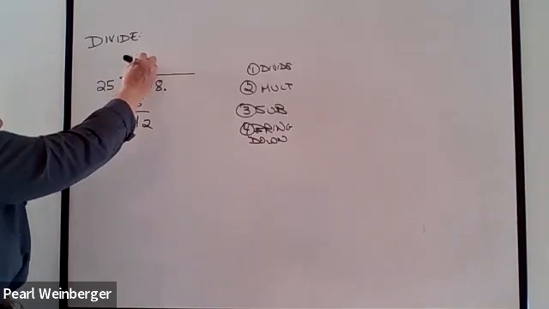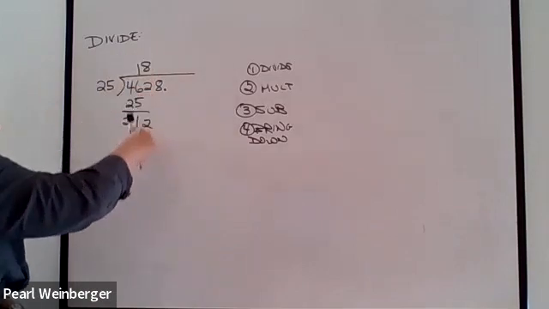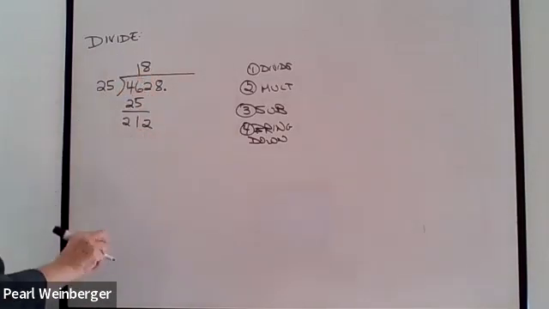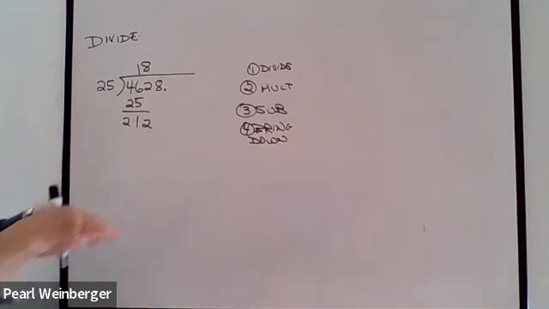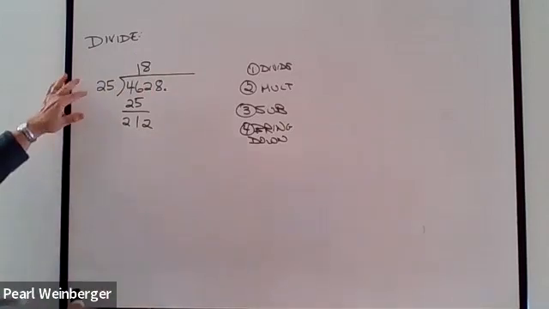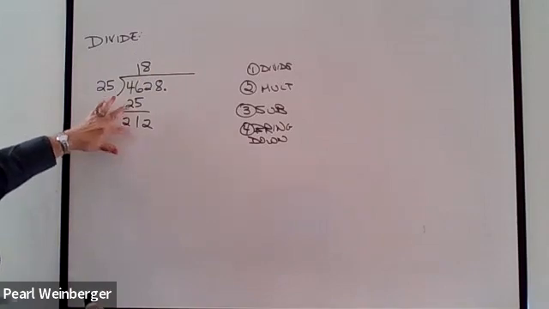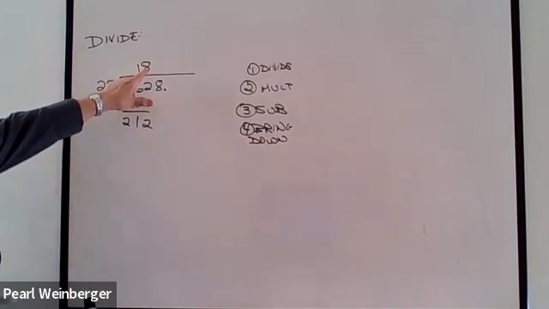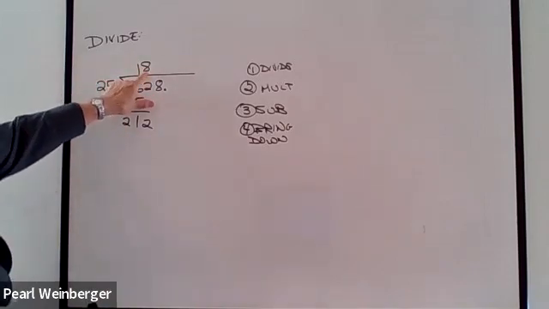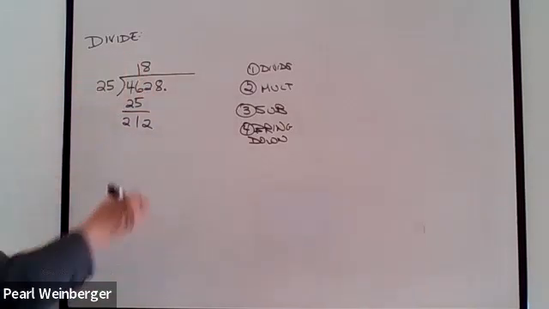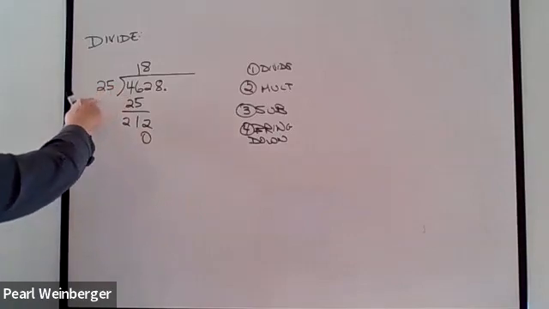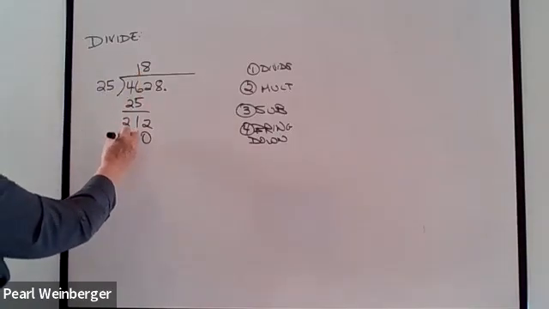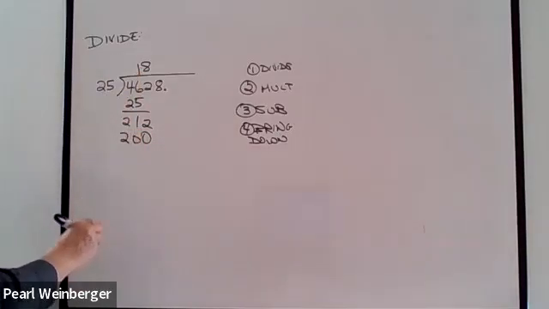Let's try 8. Now notice I'm putting the 8 over the 2 because that's the one I brought down. And now I'm starting the process all over again. I divide it. Now I have to multiply. Now I don't multiply by the whole 18. I just multiply by the number I put on top. So I do 8 times 5 is 40. 2 times 8 is 16 and 4 is 20, and I get 200.